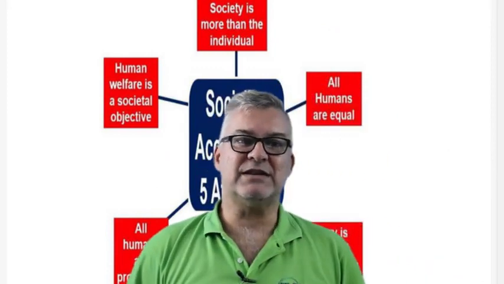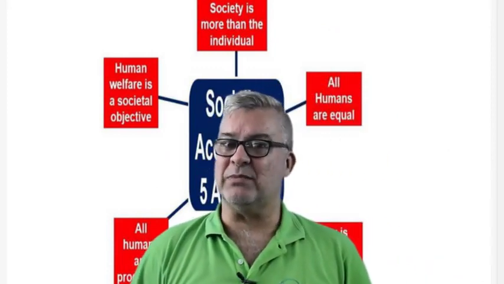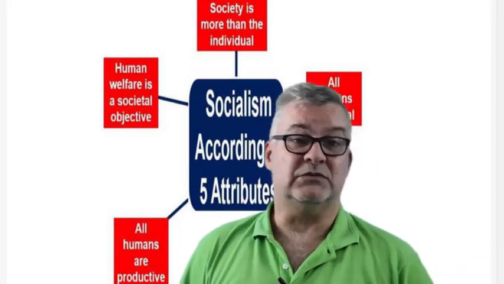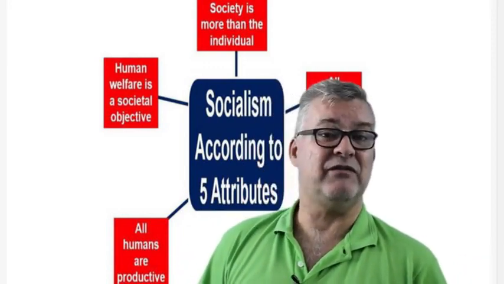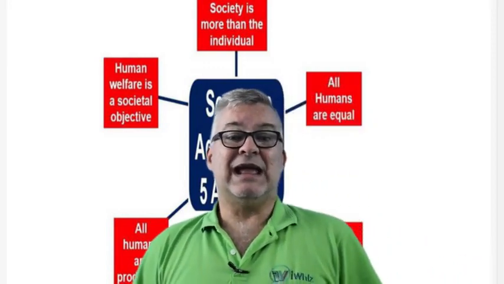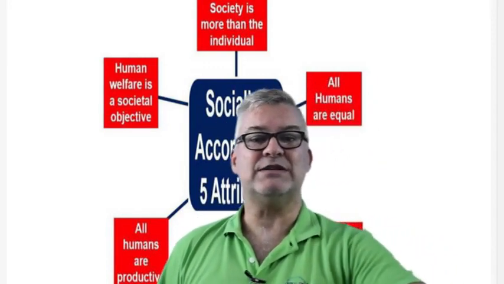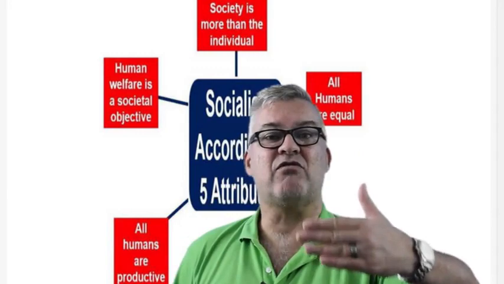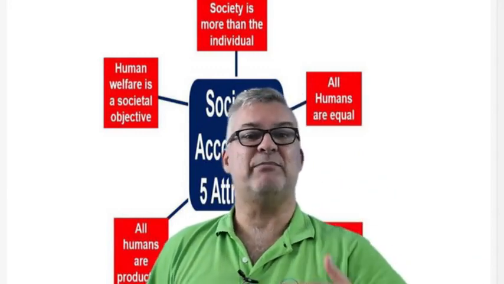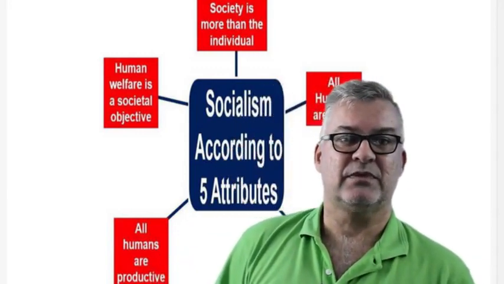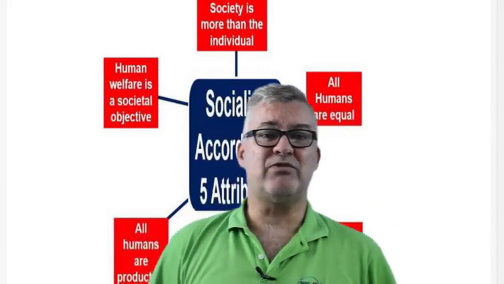If we go to the right, the next point is all humans are equal. No argument there from me. Don't know how you feel about that. History is a wave of progressivism. In other words, we develop and grow and move forward step by step together. All humans are productive.